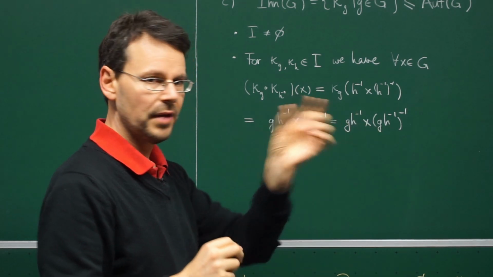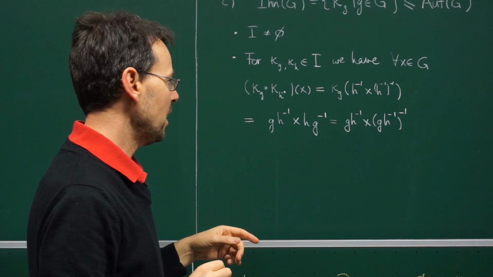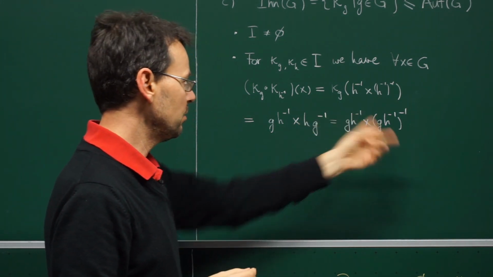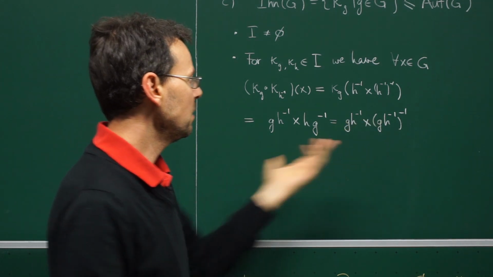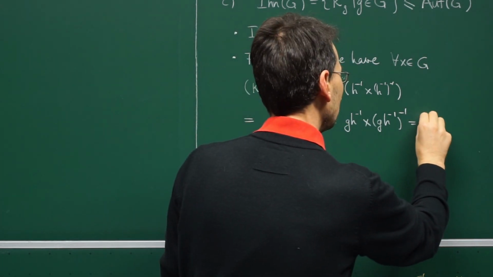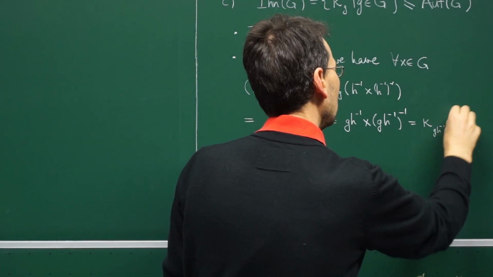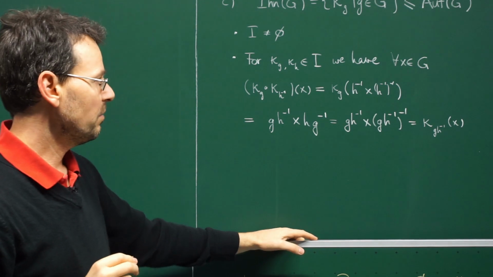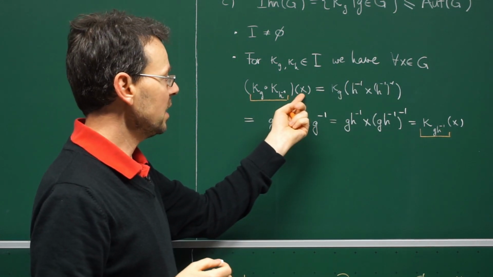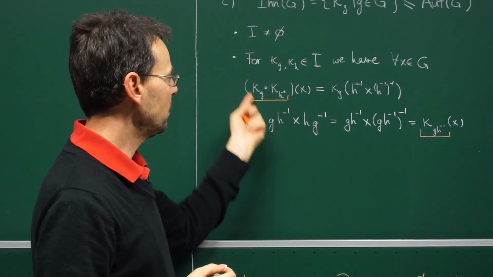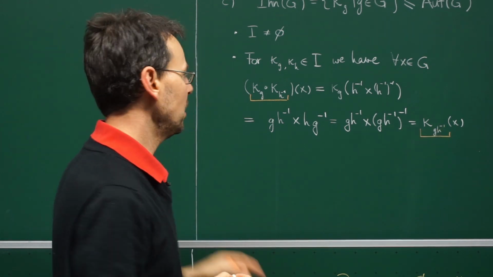Remember, the inverse of AB is the inverse of B composed with the inverse of A. In a non-commutative group, it is important that you change the order here. And now you see this is simply conjugation with GH inverse of X. And so, because this is true for arbitrary elements X in G, we can infer that this composition indeed is conjugation with GH inverse.